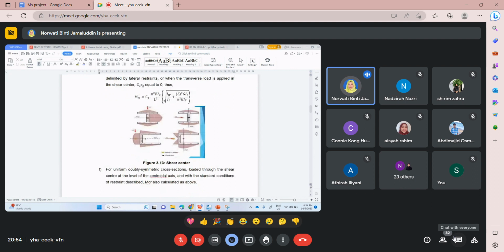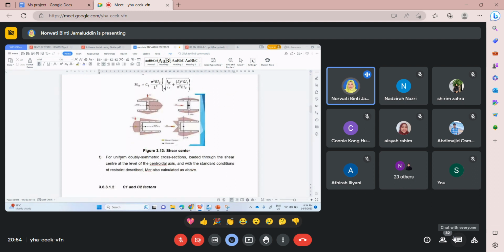For a uniform doubly symmetric cross-section loaded through the shear center at the level of the center of the axis and with standard condition of restraint, MCR can be calculated using this equation.